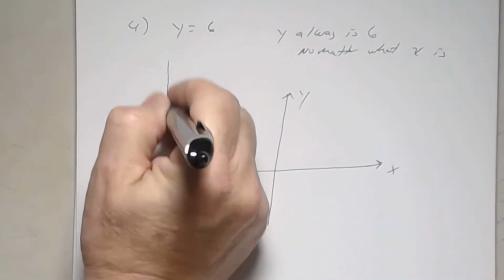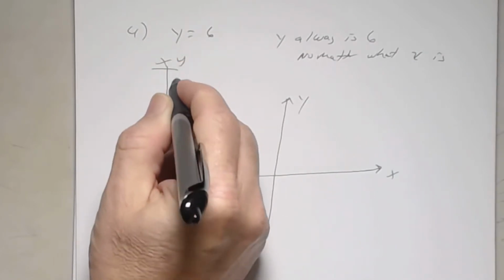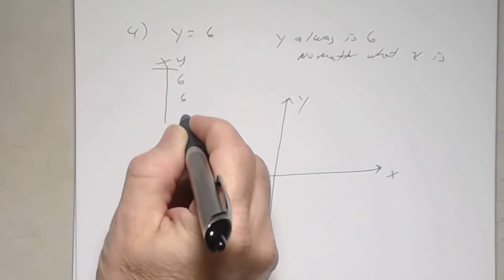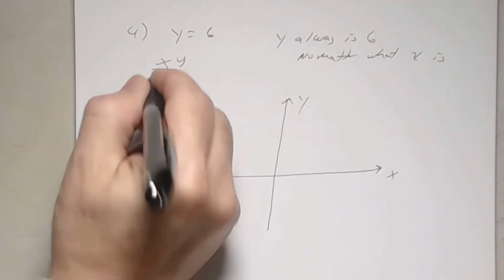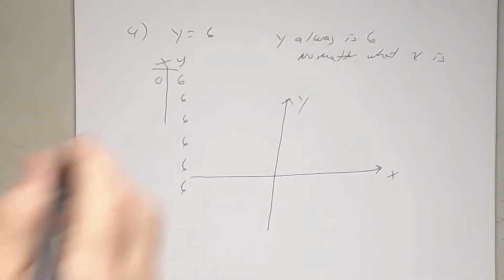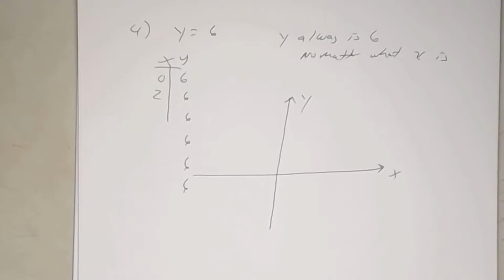So when I look at the t-table, this column right here is always going to be what? 6, all the way down, no matter what x is. So if x is 0, what's y? If x is 2, what's y? If x is negative 3, what's y? And so on.